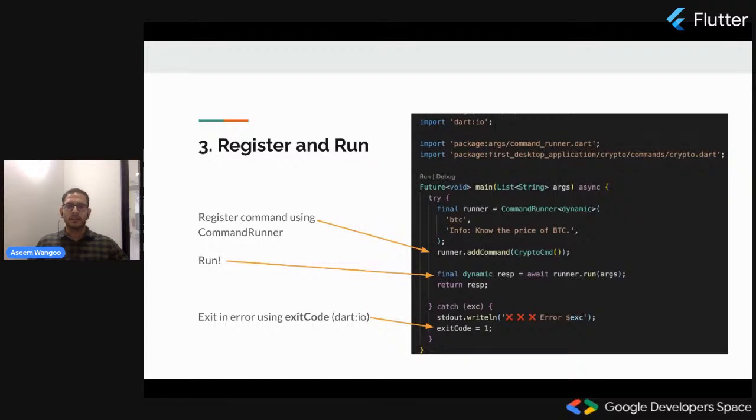Finally, we register and run this command. For use cases where the user doesn't type the correct command, we need to cater for those also. So for that, we first print out the error, and finally we exit our CLI using exit code. This exit code comes from the dart:io package, and exit code 1 means terminate the application.